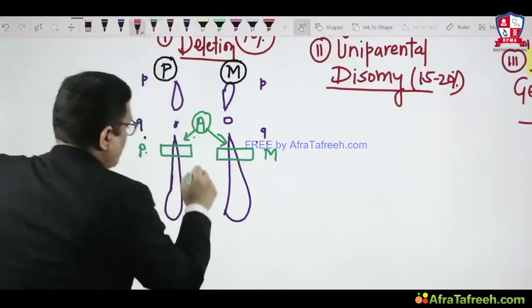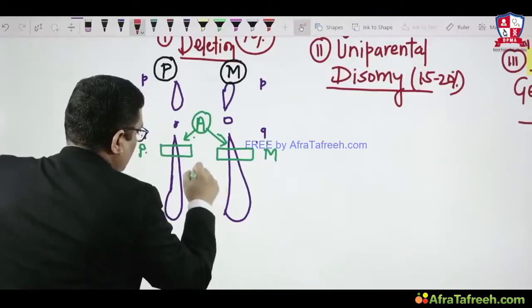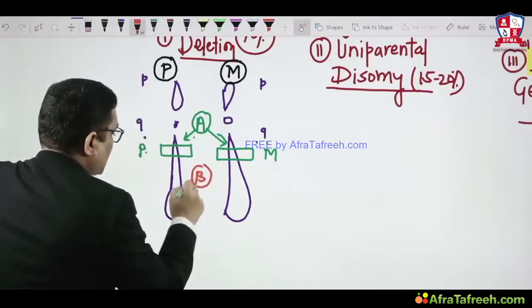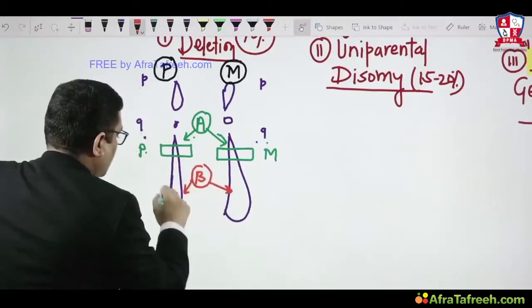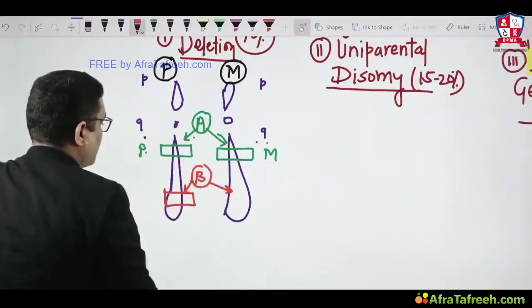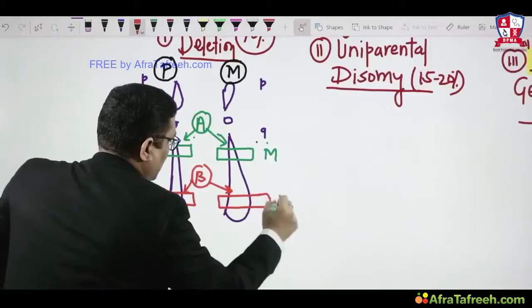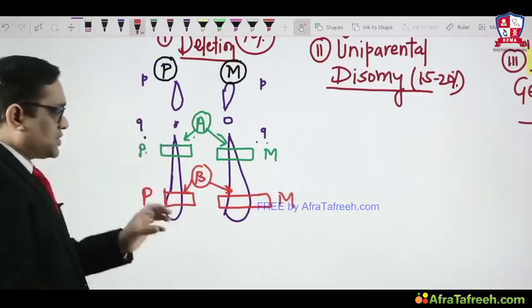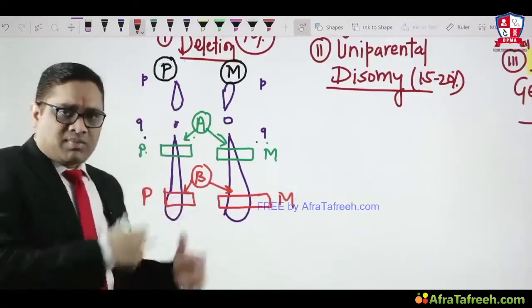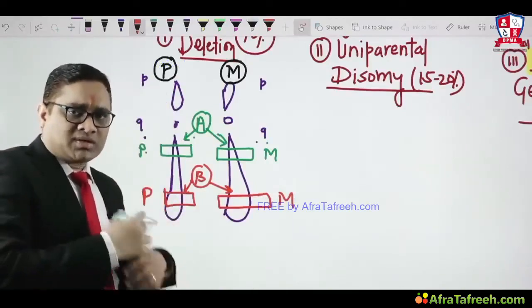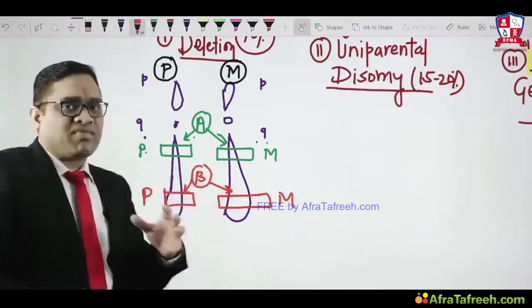Similarly, I am making one more gene, called B gene. This B gene again has two alleles. One is present on chromosome number 15 from the father, so the paternal allele, and this is again the maternal allele. This is one basic introduction. I am repeating it so we can understand this concept more comfortably.